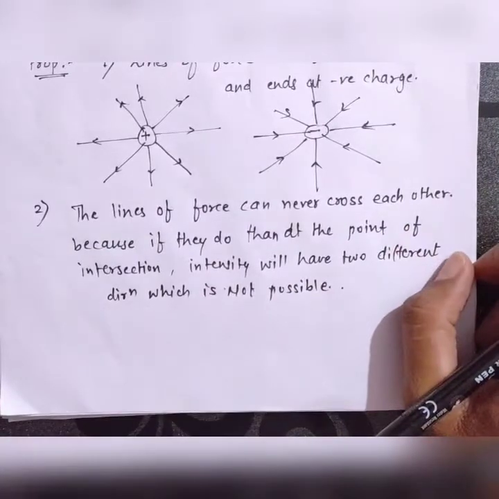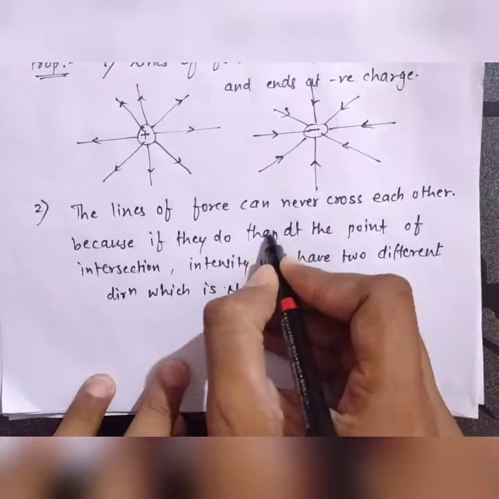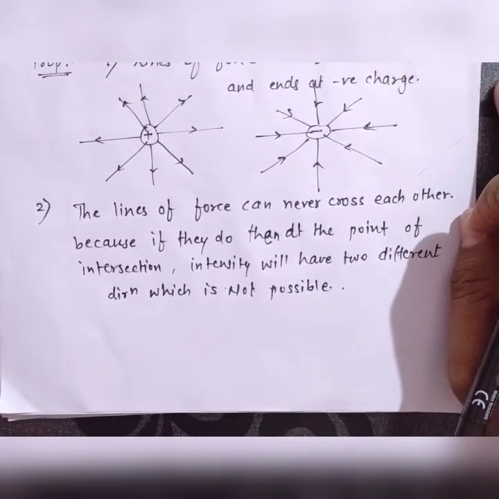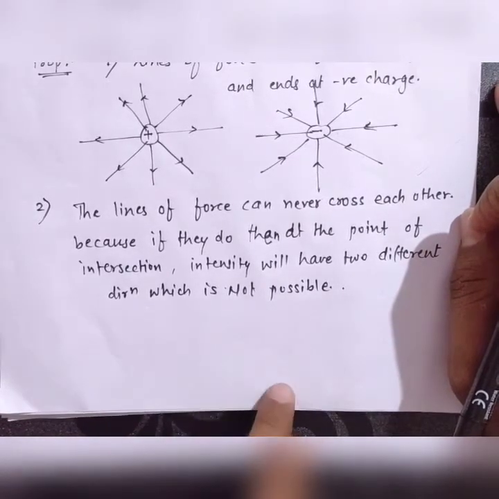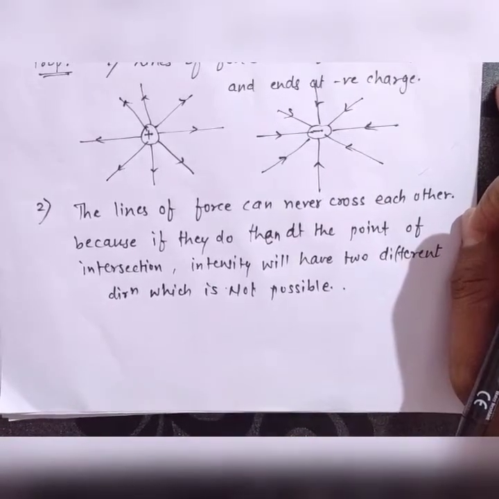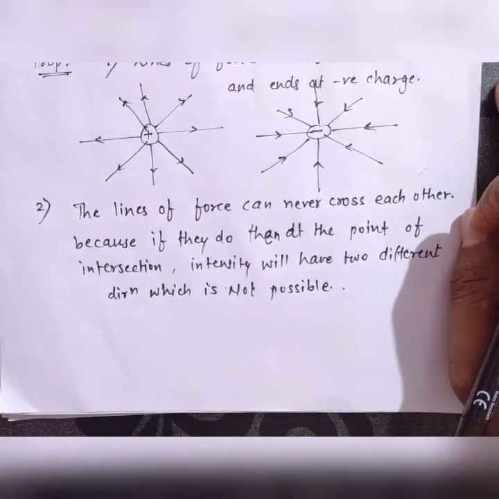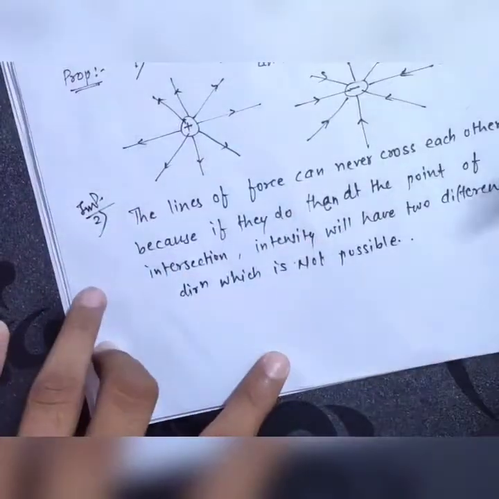So if a question is asked in the exam, why the lines of force can never cross each other, the reason is that if they do, then at the point of intersection, the intensity will have two different directions, which is not possible. The tangent to the electric field line gives the direction of electric field at that point. So if two lines of force intersect each other, at the point of intersection the intensity will have two different directions, which is not possible. This is an important property of electric field lines.